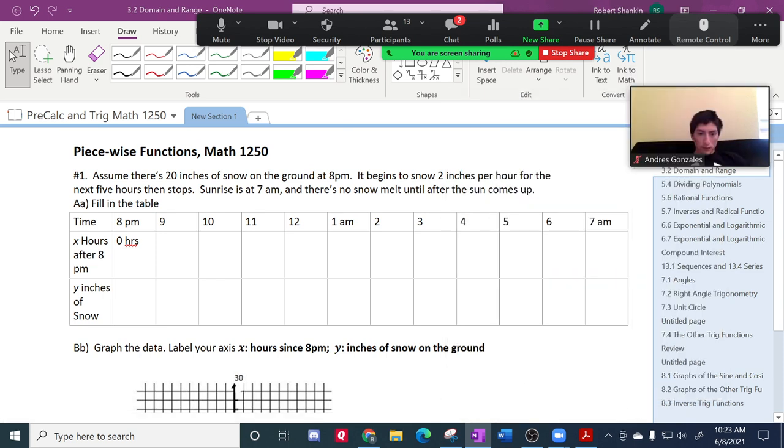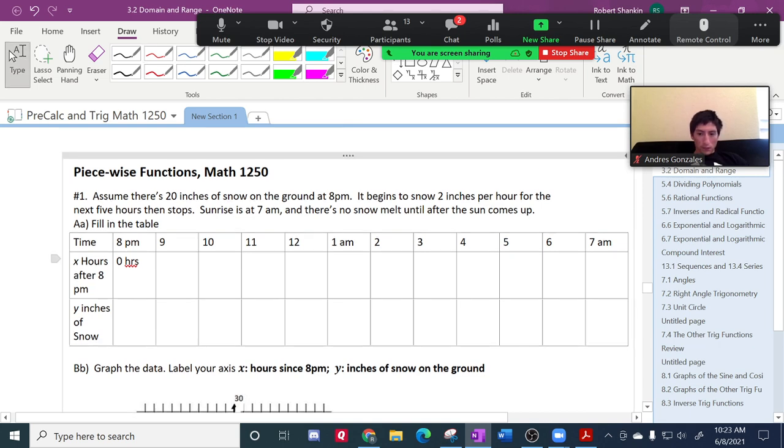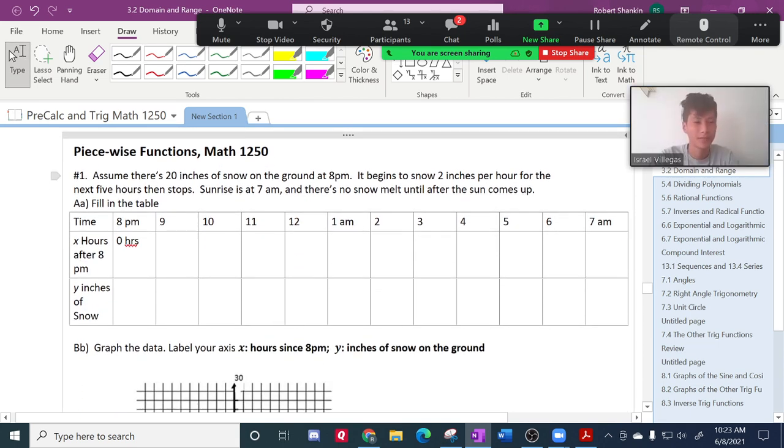Okay, let me ask group 1. What do you got here? For the graph, right? Yes.